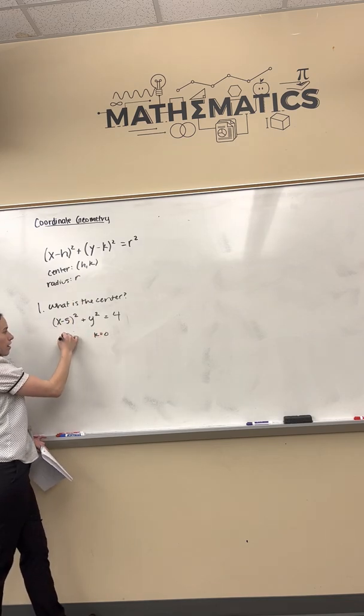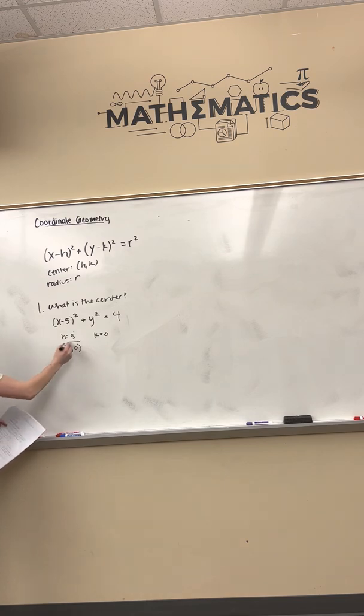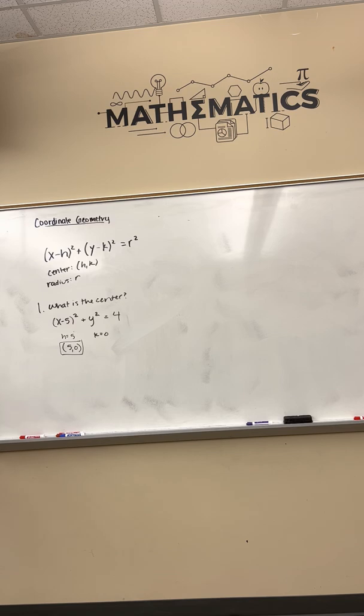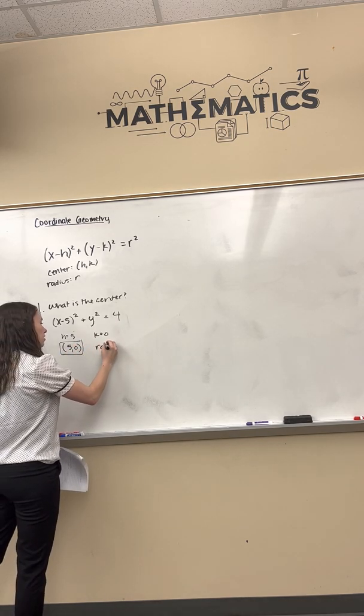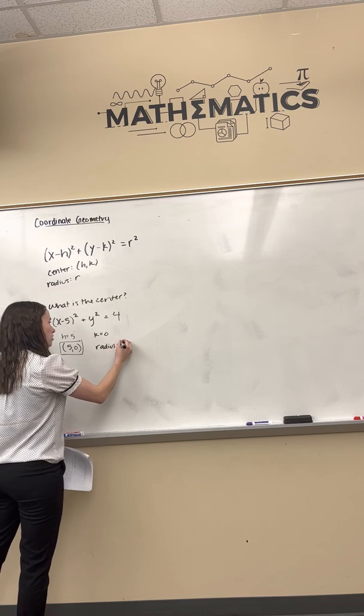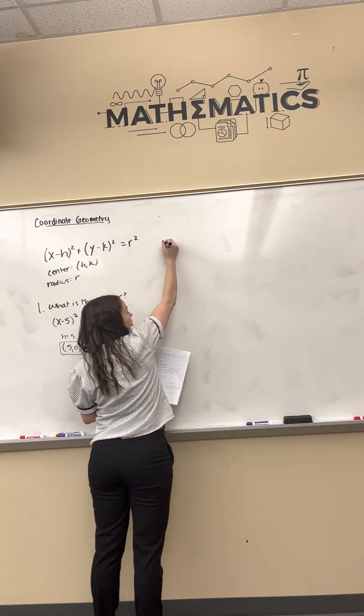And our h is 5. So our center is at (5, 0). Okay. If we wanted to find the radius of this circle, well, it's the square root of 4, so radius equals 2.